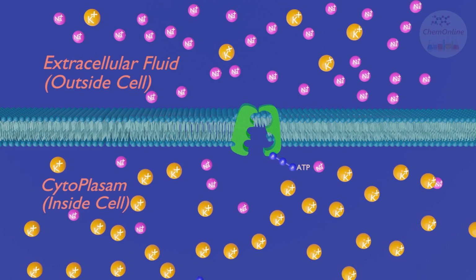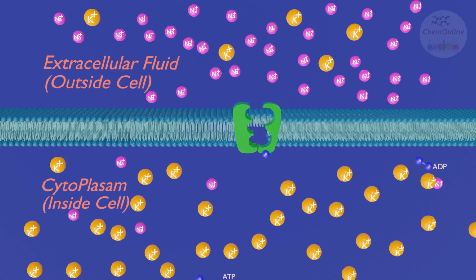Here you can see 3 Na+ ions bind with the enzyme inside the cell, and this is powered by ATP. Binding of the 3 Na+ ions and the hydrolysis of ATP causes the enzyme to change its shape.